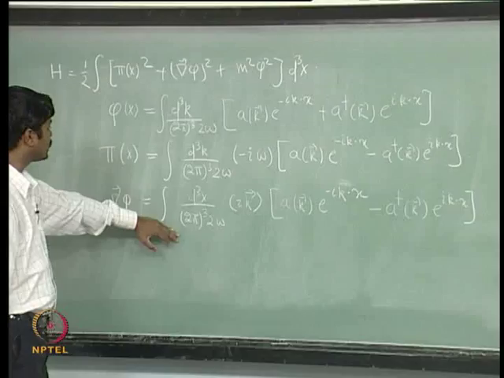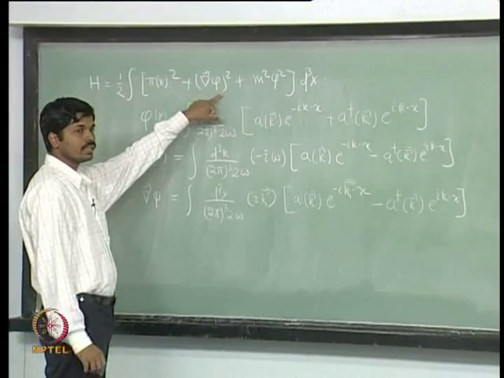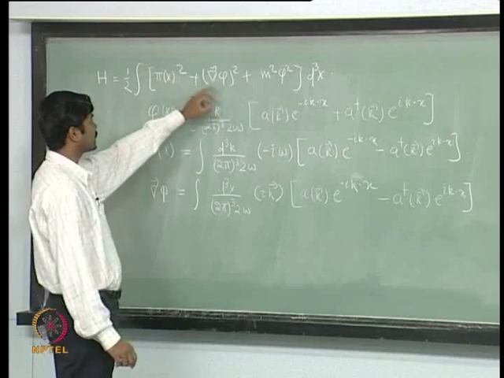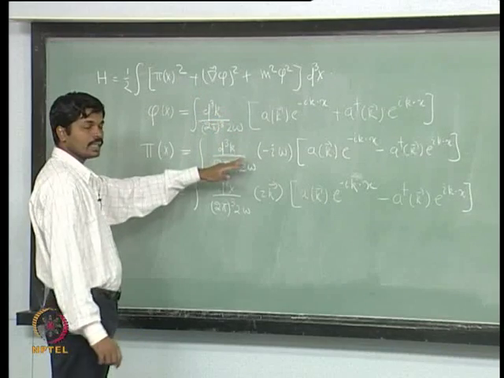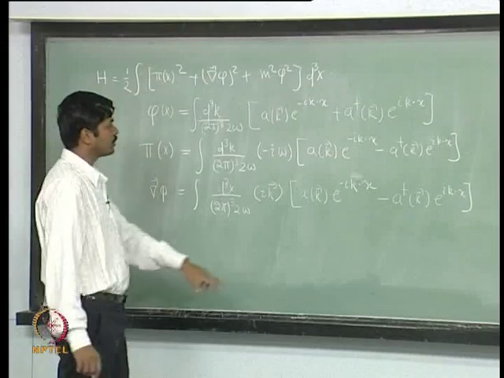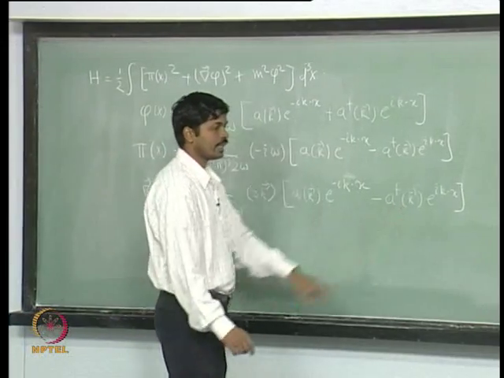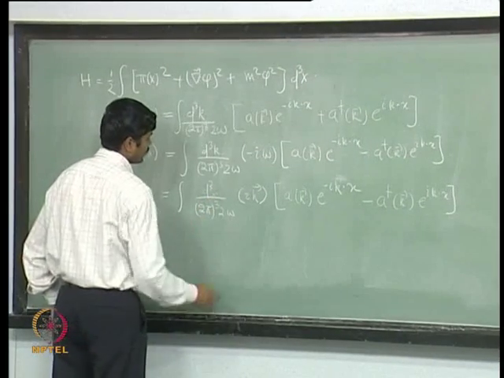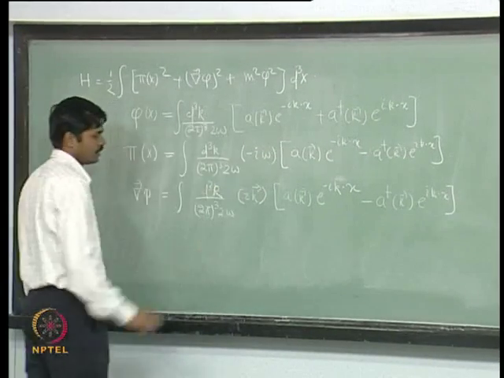So, we will now substitute all these expressions here and then do the x integration as well as one of the k integrations, and then express the Hamiltonian in terms of the operators a's and a daggers.